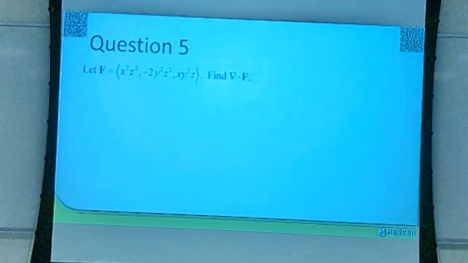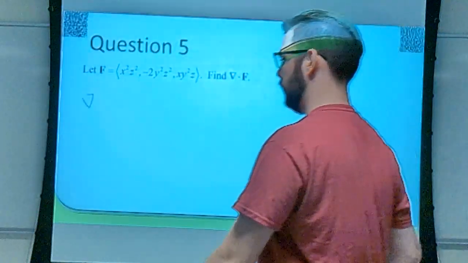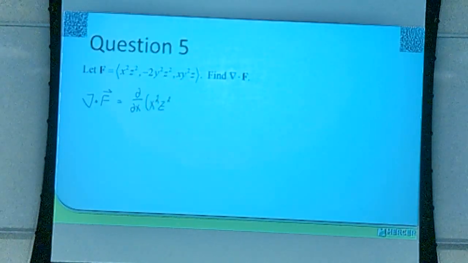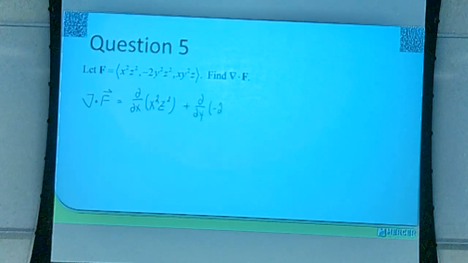Divergence. Right, so we write it this way, del dot F. But it's not really a dot product that we're doing. But it kind of behaves like a dot product, because we're going to do partial x of the first, plus partial y of the second, plus partial z of the third.